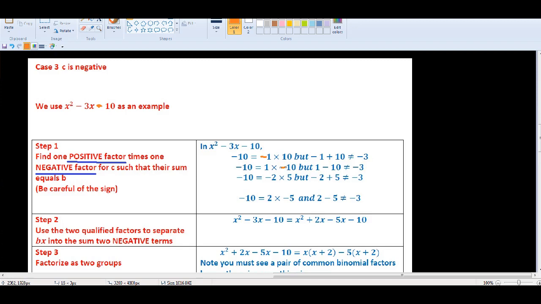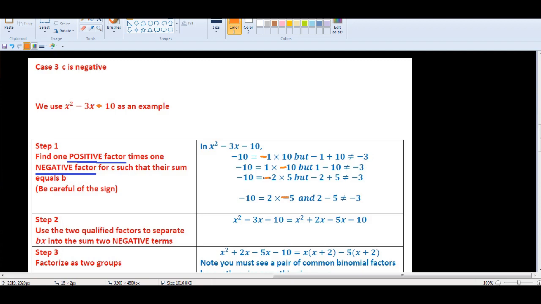How about this one? Minus 2 times 5. It's minus 10. But when you add them together, minus 2 plus 5 is plus 3. It's very close, but it's plus. So how could you make plus 3 into minus 3? You could put the minus sign on 5 rather than on 2.